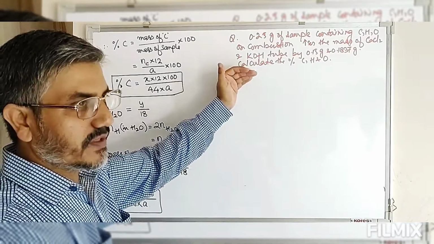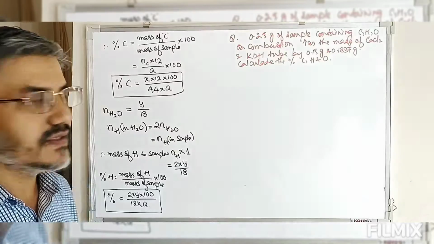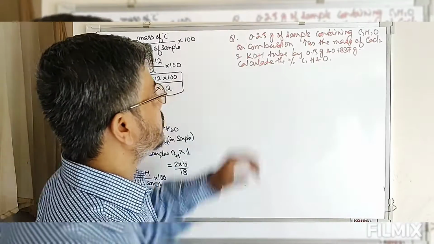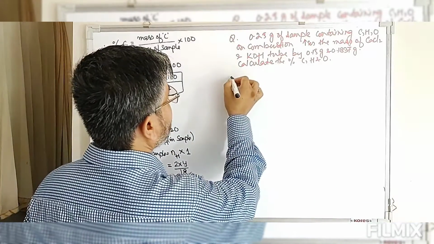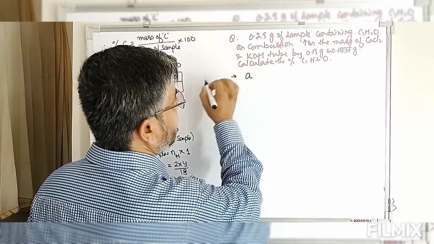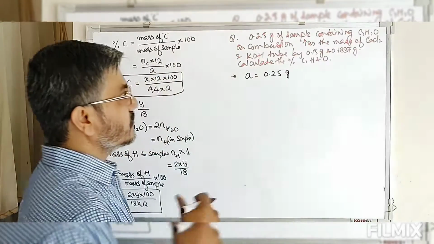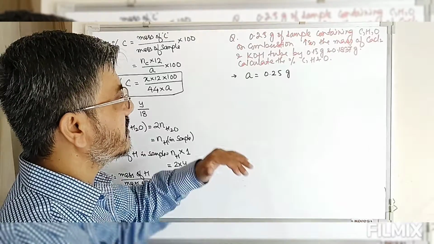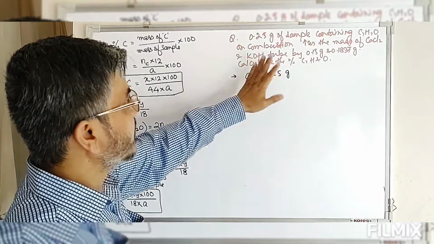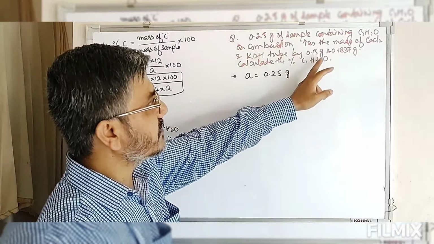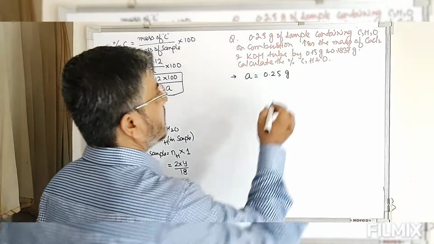Take this example to identify the percentage that we have just defined. The question says the mass of sample taken is 0.25, so that is A. Mass of sample A is equal to 0.25 gram. Now in this combustion method, the increase in mass of the calcium chloride tube and the potassium hydroxide tube is given as 0.15 gram and 0.1837. Now look at this.